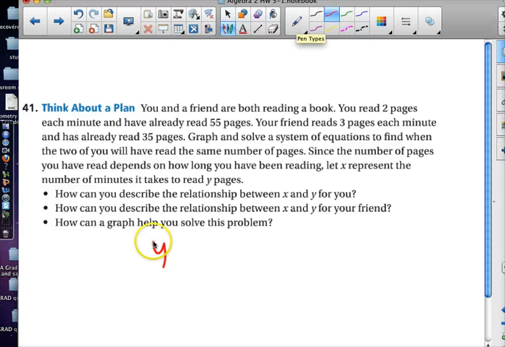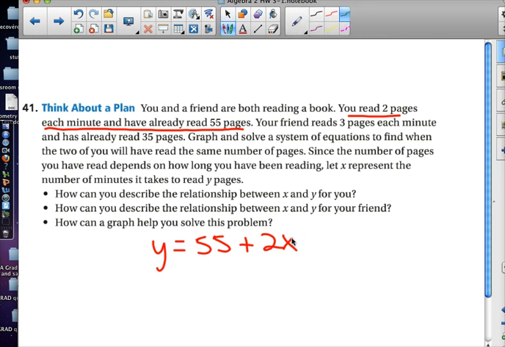So Y is your total. It says you read 2 pages a minute, and you've already read 55 pages. So you're at 55, and you're going to continue to read, so you're going to increase your number of pages by 2 per minute. And we want another total for your friend.